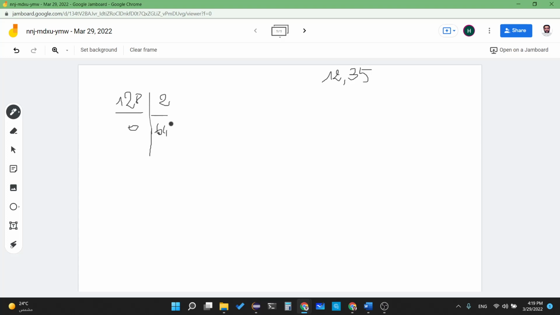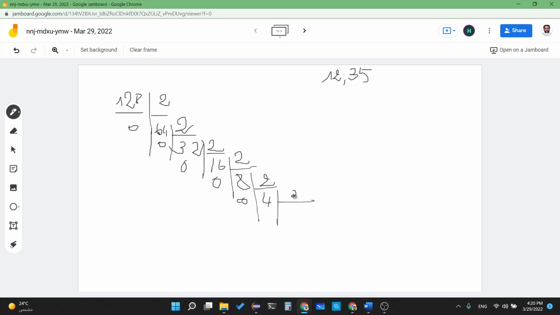So here we have 0 divided by 2, 32. 0 divided by 2, that's 16. 0 by 2, that's 8. 0 by 2, that was 2, and the remaining is 0.